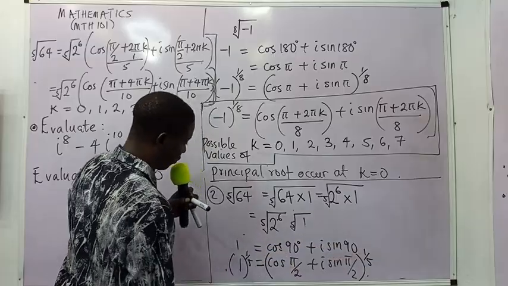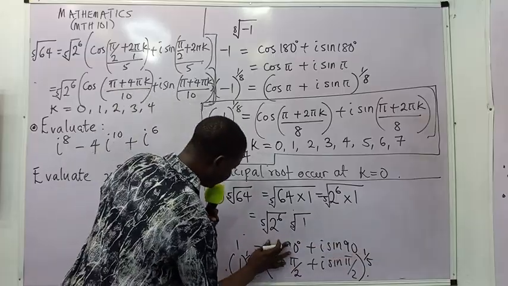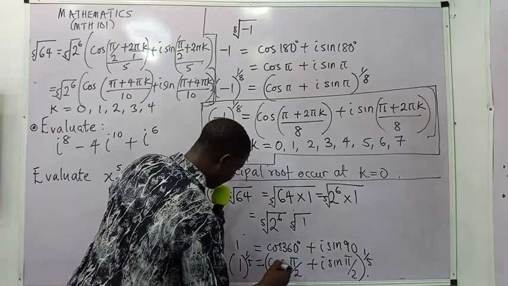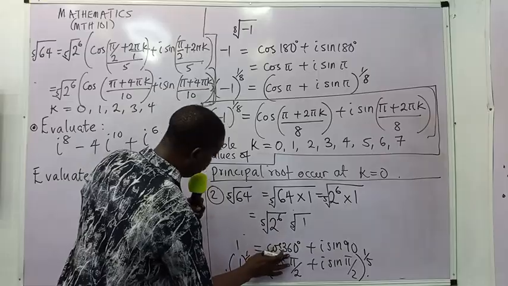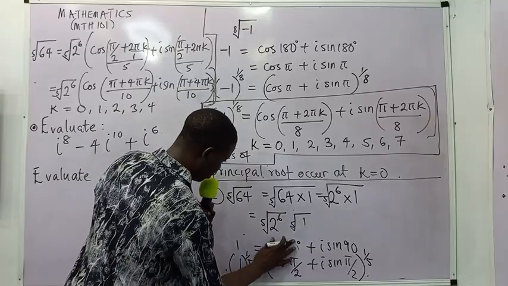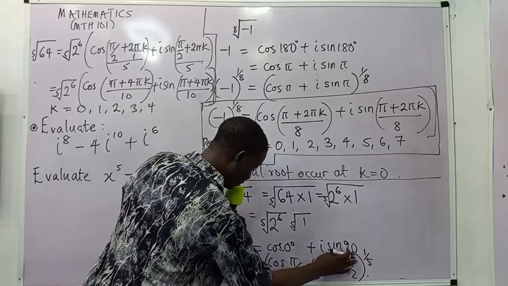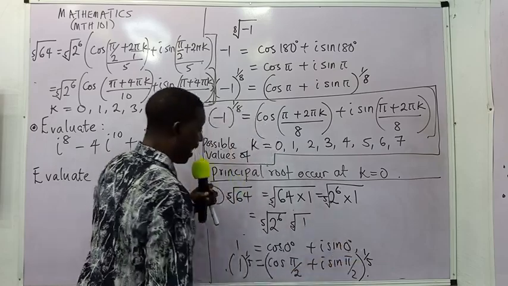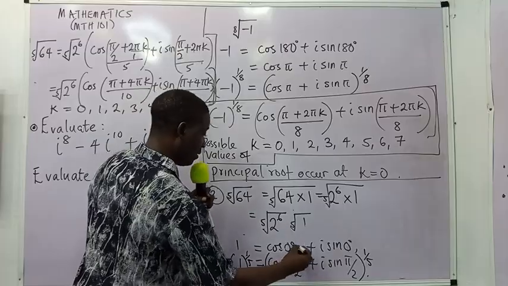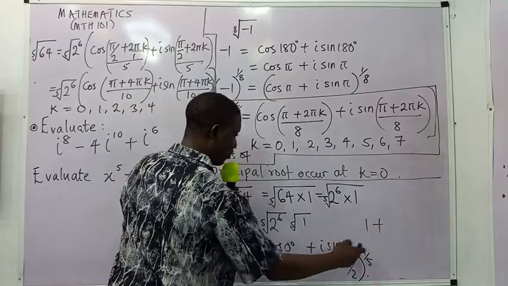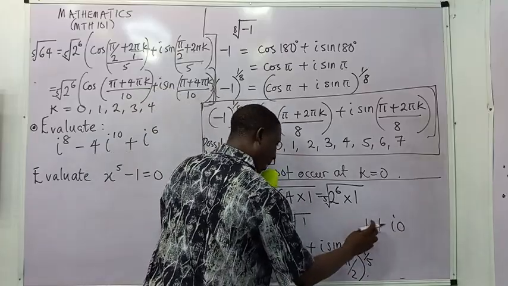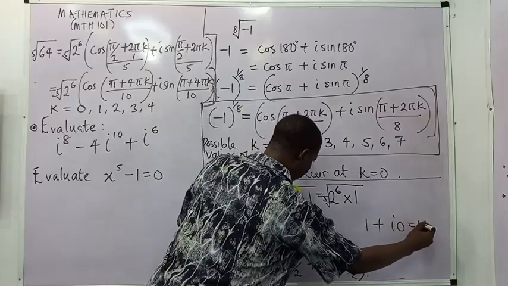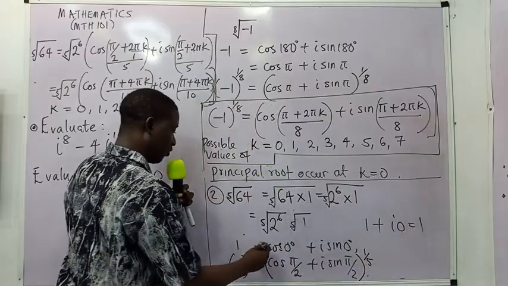And this one should be 360. Cos 360 or cos 0. Let me use 0. Because cos 0 is 1. So 1 plus sine 0 is 0i. So 1 plus 0i gives us 1. So it does not change anything.